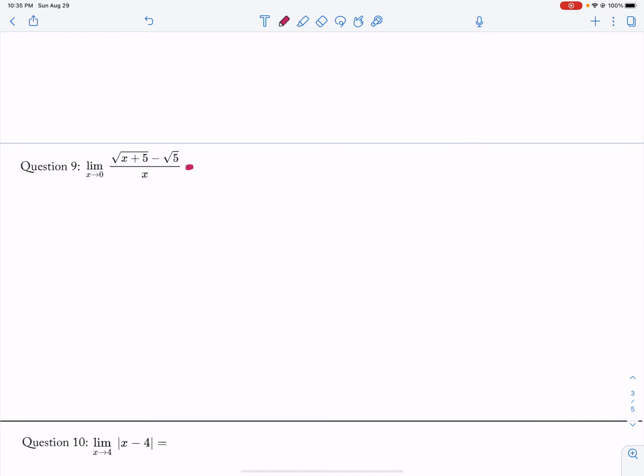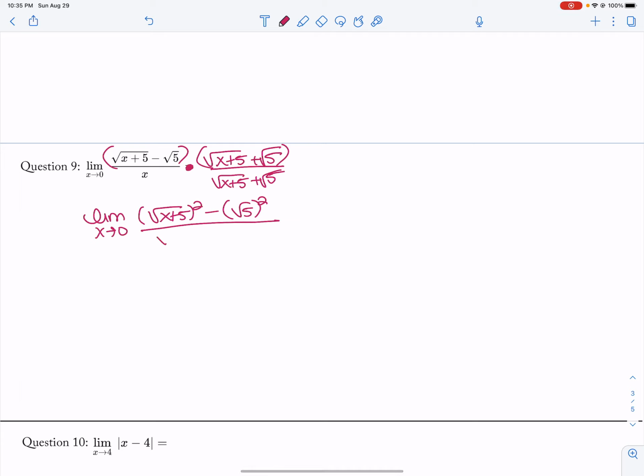So we're going to multiply by the square root of x plus 5 in the top and the bottom. Multiplying by the conjugate turns my equation into a difference of squares. So I get the limit as x approaches 0. Because I'm turning this into a difference of squares in the numerator, what I have is the square root of x plus 5 squared minus the square root of 5 squared, all divided by x times root x plus 5 plus the square root of 5.